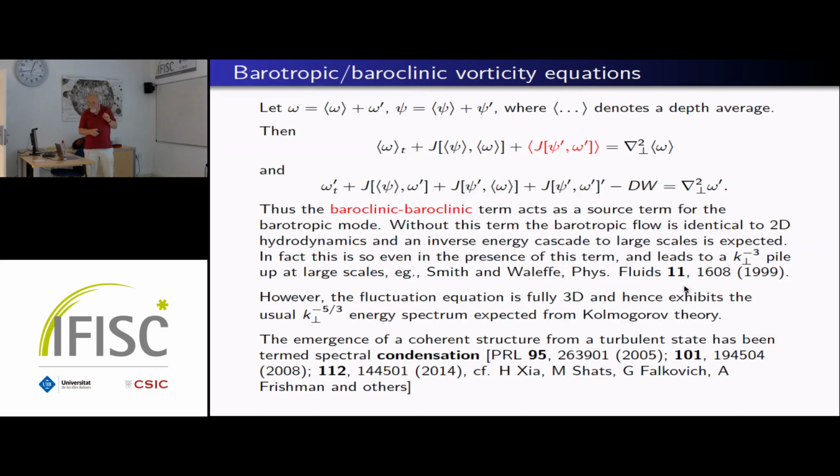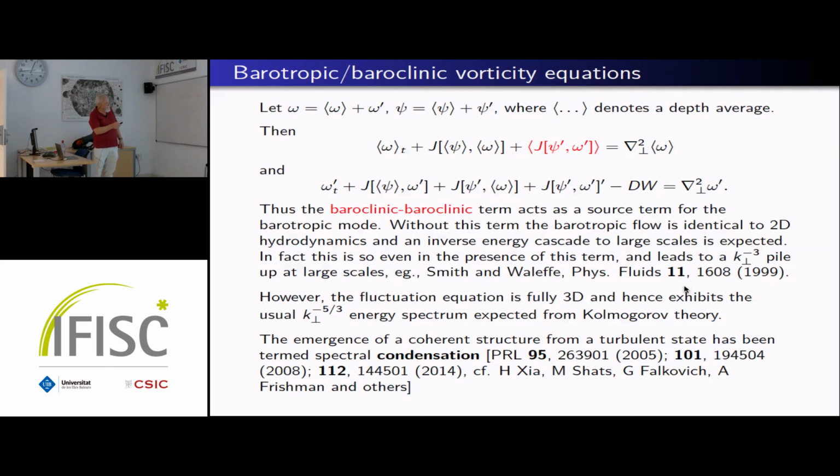That is the source term that I was modeling in the first part of the talk through that instability mechanism. So it comes here from the baroclinic interaction. Of course, to determine what that source term is, you have to calculate how the baroclinic fluctuations evolve, and there's a separate equation for that.